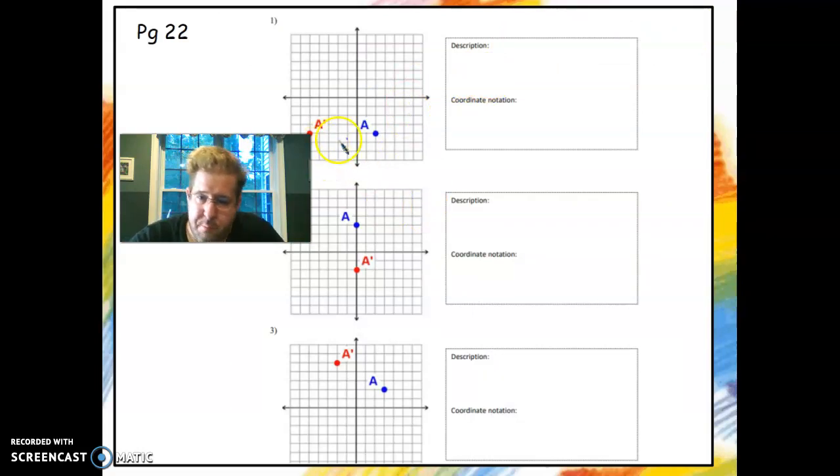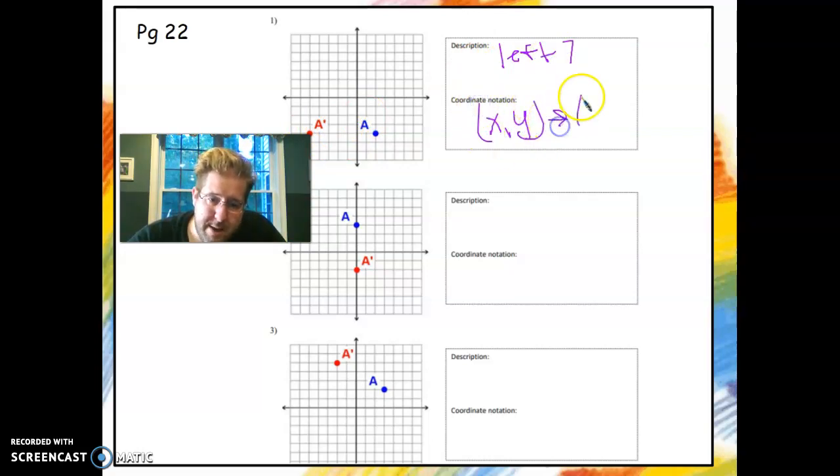For this question, it's going to be left 1, 2, 3, 4, 5, 6, 7. So unless I miscounted, that's left 7, which is going to be X minus 7. And the height does not change because it did not move up or down.